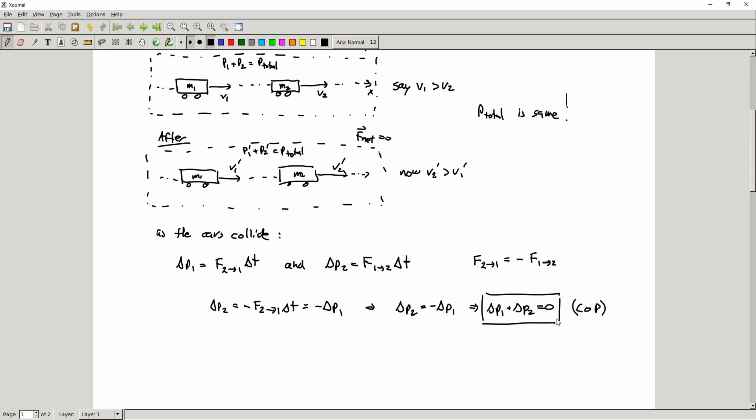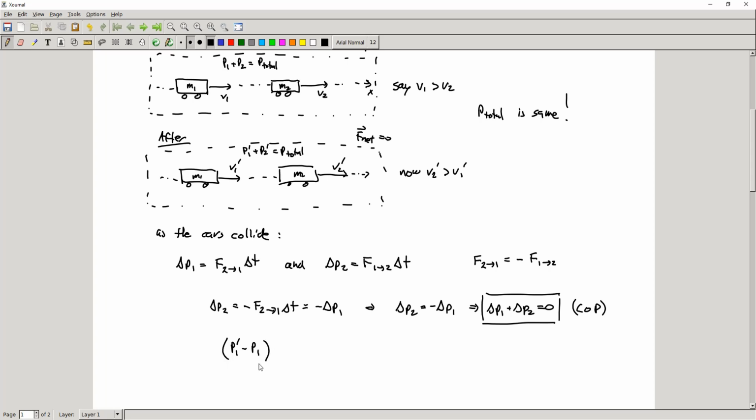Let's then break up delta P1 and delta P2 into the pre-collision momentum and the post-collision momentum. So if I break up delta P1, I end up with P1 final, the momentum that car 1 has after the collision, minus the momentum it had before the collision, right?